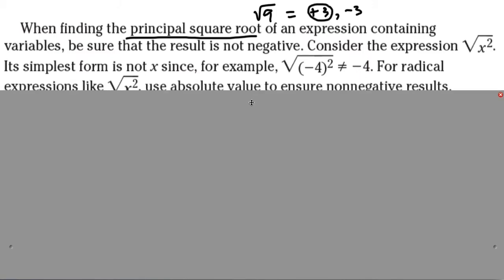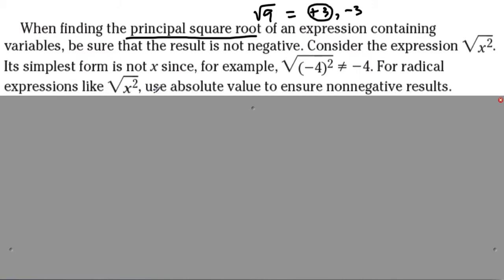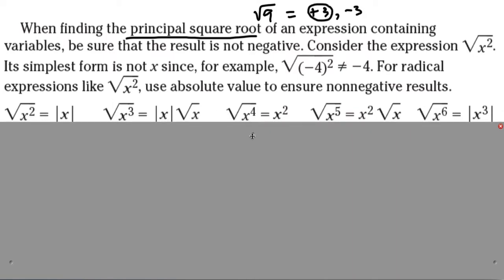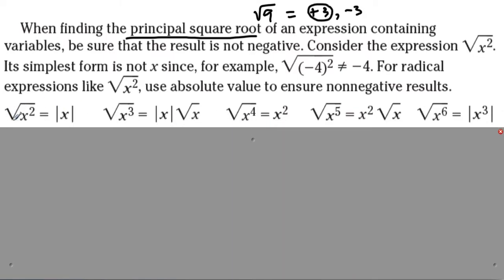So for radical expressions like radical x squared, to make sure that you don't get negative results, we do this. When you have radical x squared, we put an absolute value sign, so the absolute value of x. Radical x cubed is simply radical x squared times radical x, so we get the absolute value of x times radical x.